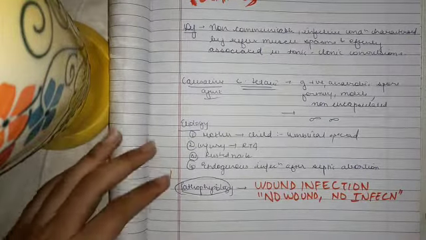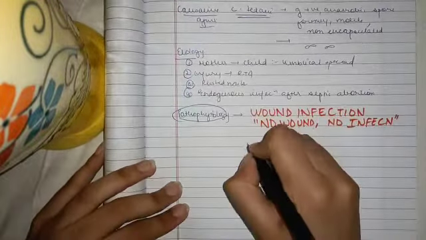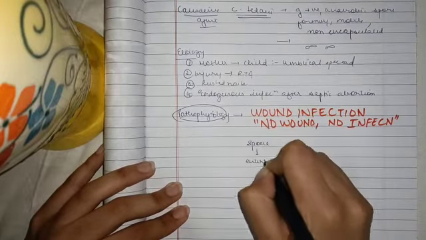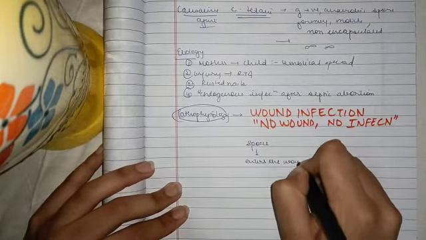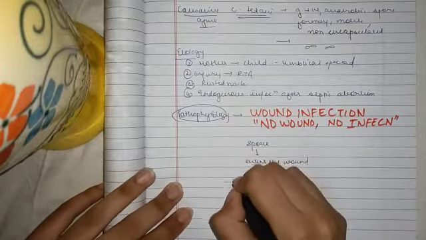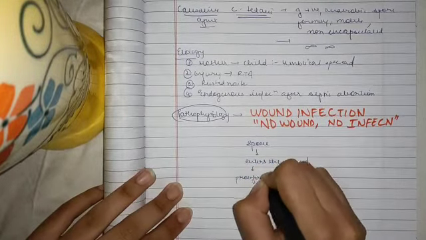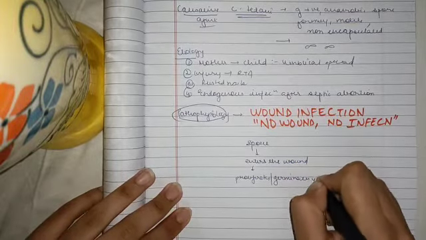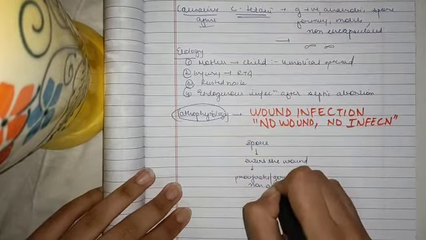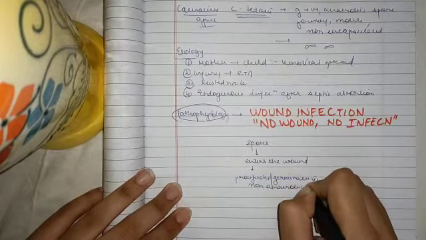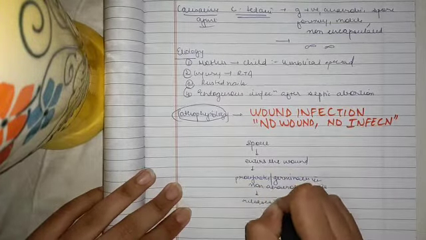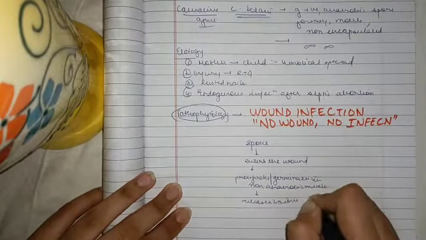Now, what happens is the spore enters the wound. Then it germinates in a non-aerobic medium, releases bacteria and multiplies.